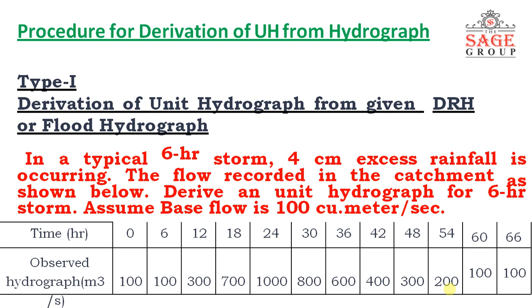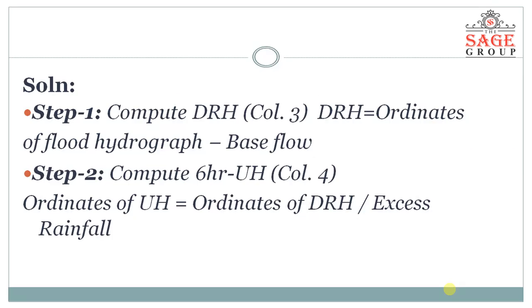So what we have to do in this numerical is calculate the unit hydrograph for 6 hours using this data. The first thing we are going to do is compute the direct runoff hydrograph. We will make a table. This is the table.